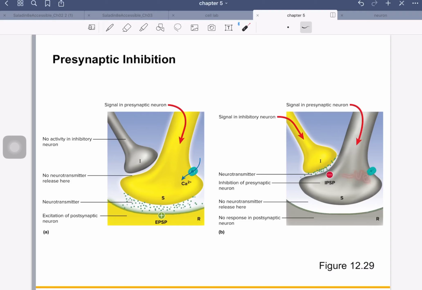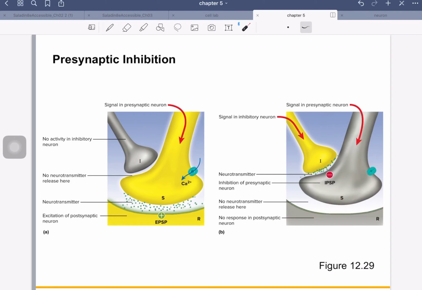They've hyperpolarized it. So when the action potential comes down, this area is very negative. And that basically negates the action potential, and this voltage-gated calcium channel cannot open. And if that calcium channel doesn't open, it's the calcium that floods in that is largely responsible for these neurotransmitters getting released, and I basically shut down.